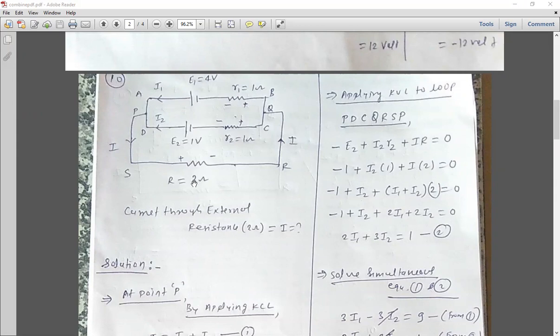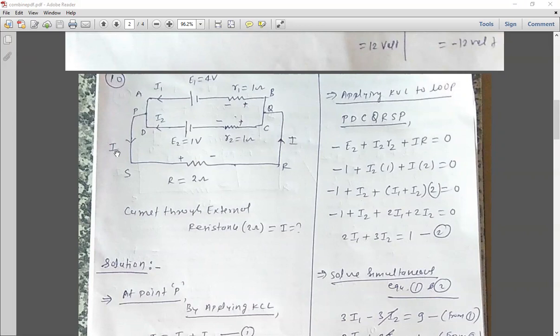First battery sends current I1 and second battery sends current I2. Both these currents come together at this junction as I, by Kirchhoff's first law.